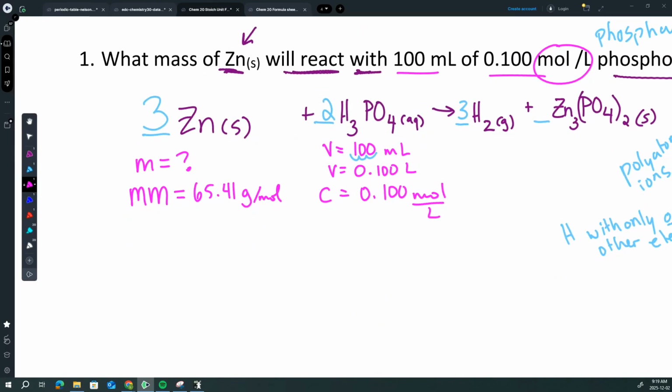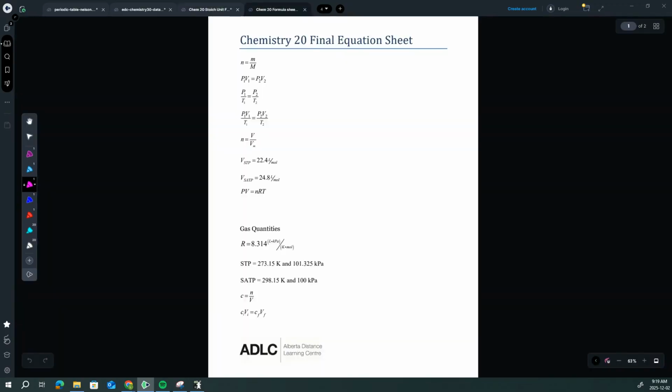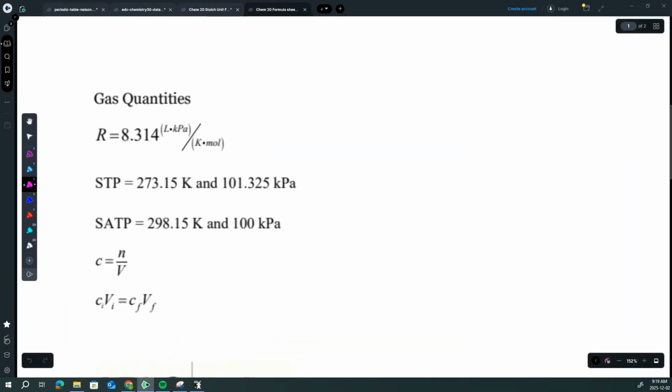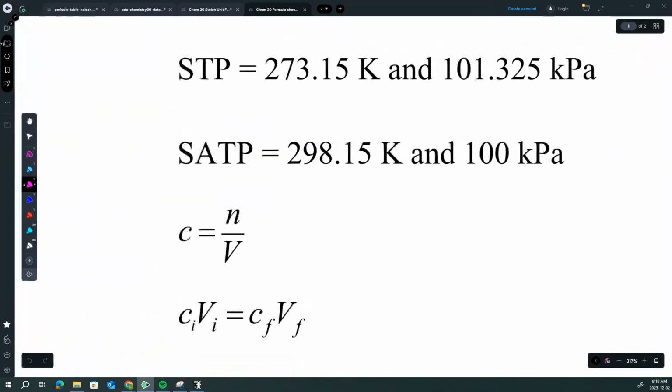Now, I notice that we have volume, we have concentration, and we're looking for moles. So if I go to my formula sheet, I'm noticing that we have concentration, we have volume, we're looking for moles. Since there's only one variable here that we don't know, this is a great formula to use.